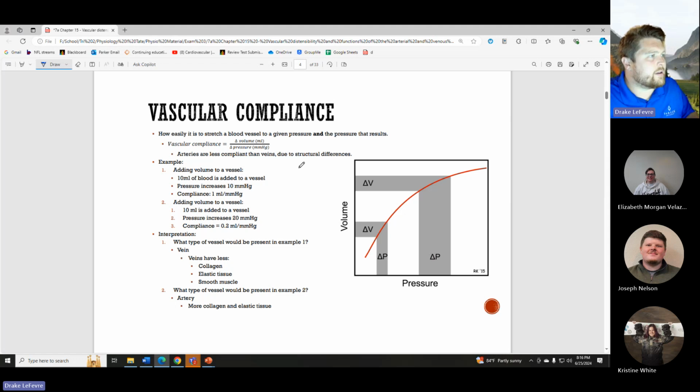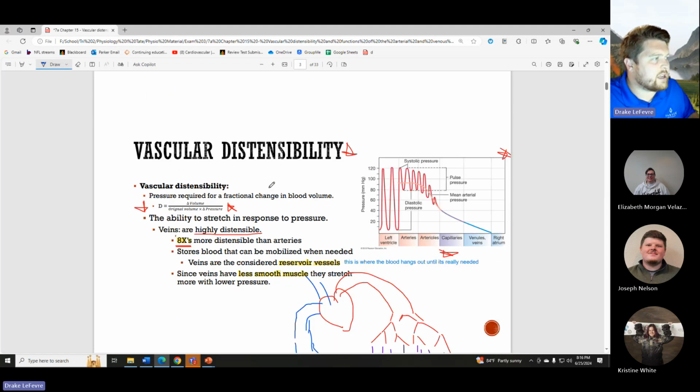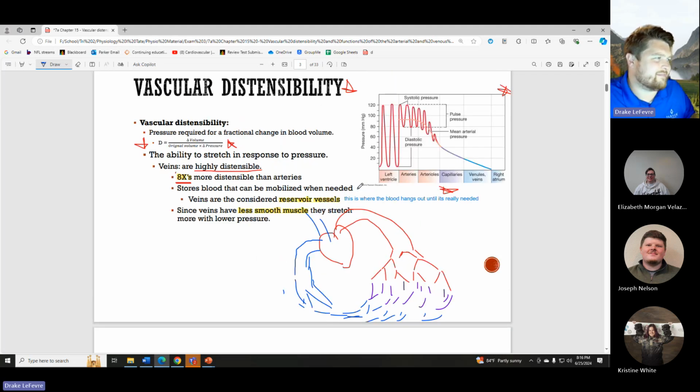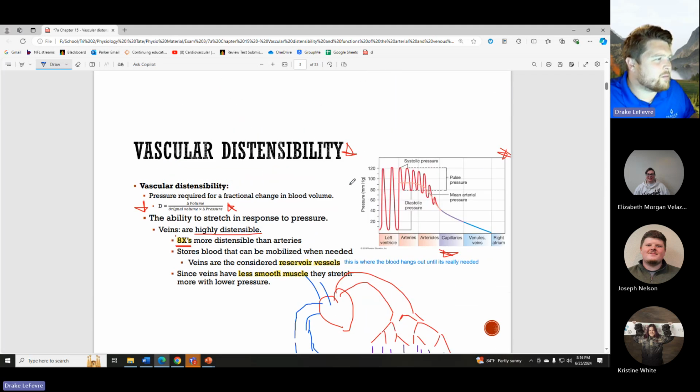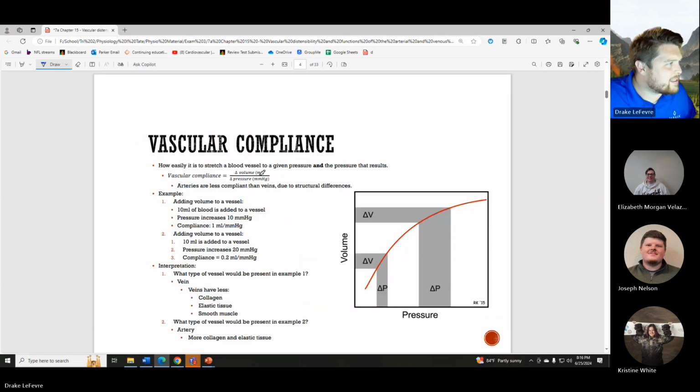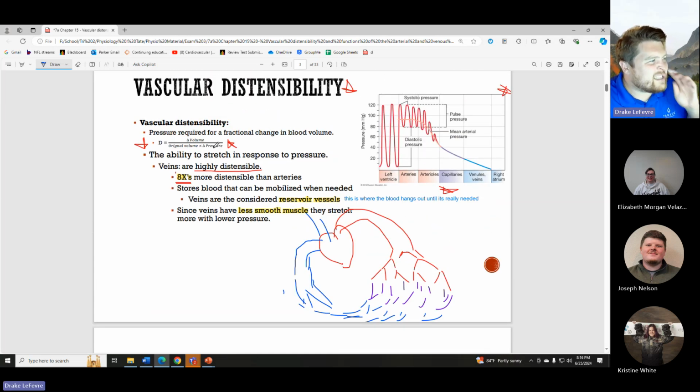Okay. So distensibility and then compliance. Technically different, but also almost the exact same. Honestly, the devil's in the details with this one.